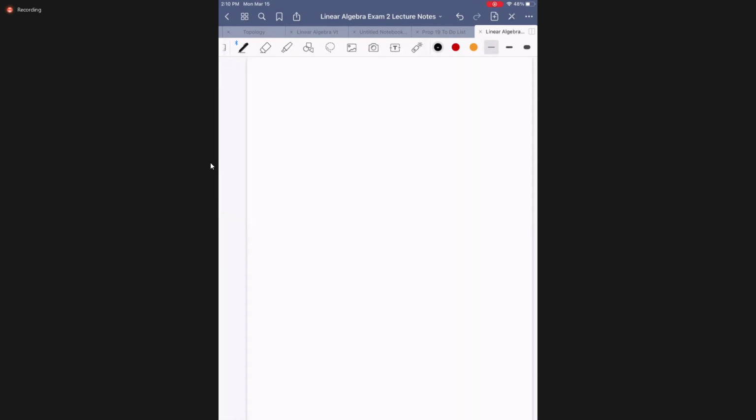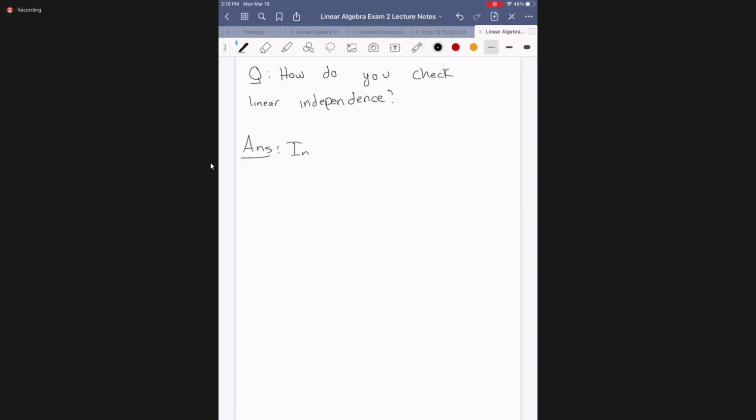So, question: how do we check linear independence? Well, the answer is in Rn, set up an augmented matrix.